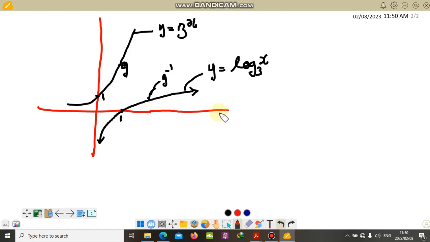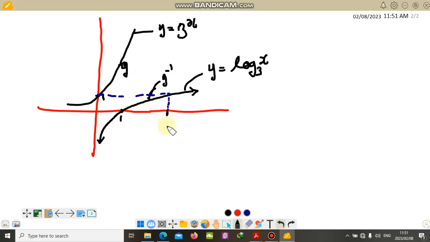Right? But now, let me make a dotted line. Okay. Dotted line touches the graph there. There you go. So we need this point here. What is this point here?